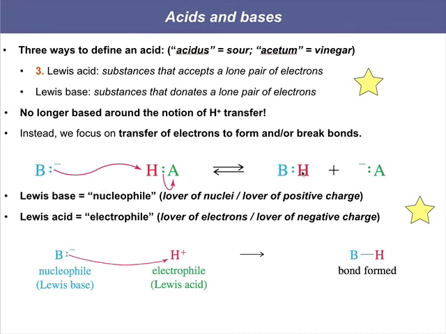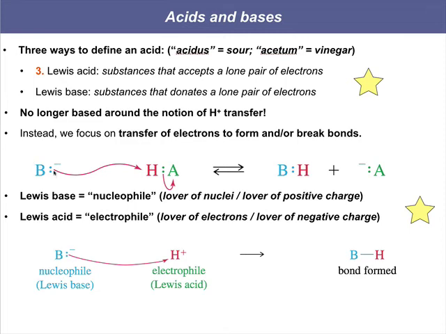Notice in this reaction, we are not only changing the bonding, we're not only making a bond from B to H and breaking a bond from H to A, we are also moving the negative charge.